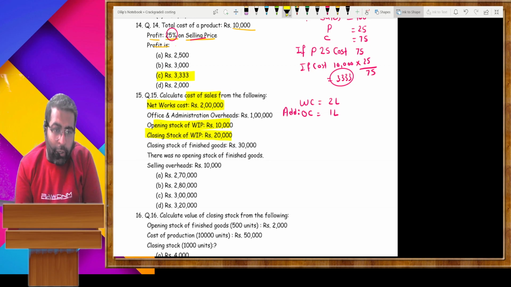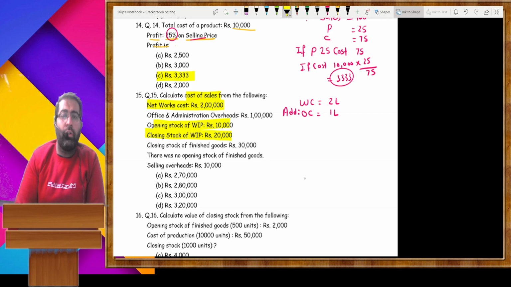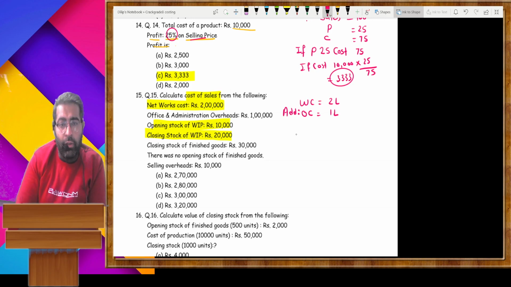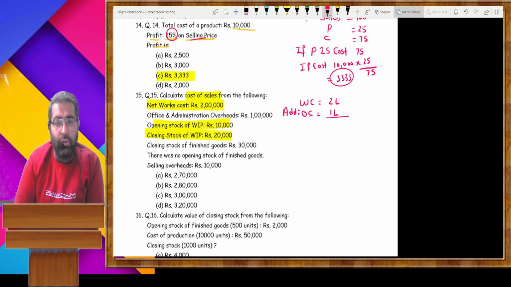In net work cost, work in progress is always added: opening stock always added and closing stock always deducted. So we don't need to include it here. When in work cost we include office administration cost, it is regarded as cost of production. Cost of production is 3 lakh.